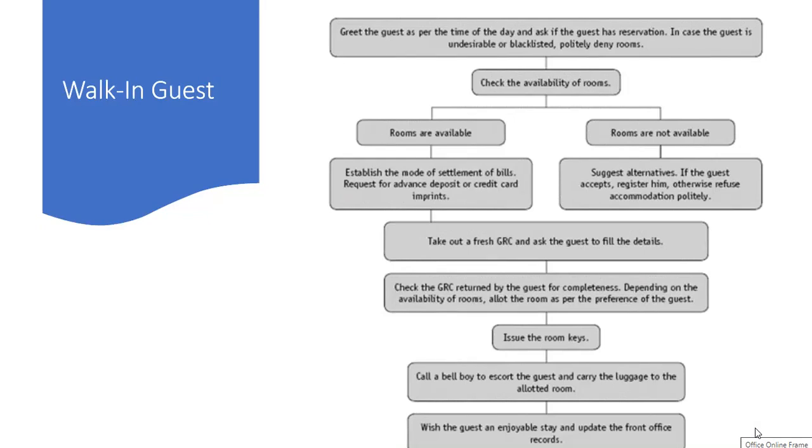We take out a fresh GRC and ask the guest to fill in the details. We check the GRC written by the guest for completeness. Depending on the availability of the room, we allot the room as per the preference of the guest. We issue room keys. We call the bellboy to escort the guest and carry the luggage to the allotted room. We wish the guest an enjoyable stay and update the front office record. This is when the rooms are available for a walk-in guest.